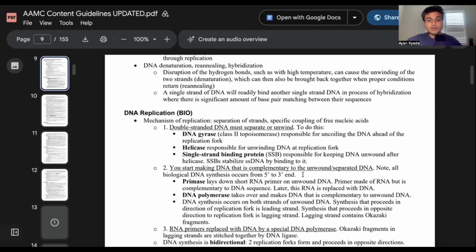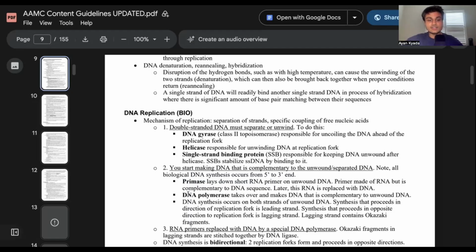But something to note is that we need the 3' hydroxyl group, but it doesn't just come out of nowhere. We specifically rely on the action of primase to lay down a short RNA primer, which provides the free 3' hydroxyl group. So you can't just have DNA polymerase come in and start synthesizing DNA.